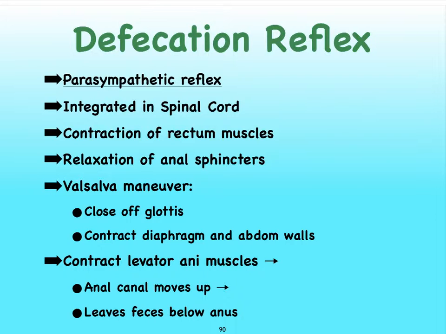It's going to involve contraction of the rectum muscles and eventually relaxation of those 2 anal sphincter muscles, and ultimately also contraction of the so-called levator ani muscles. If you translate this, these are muscles around the anus that elevate the anus, and when they do so, the feces are left behind.